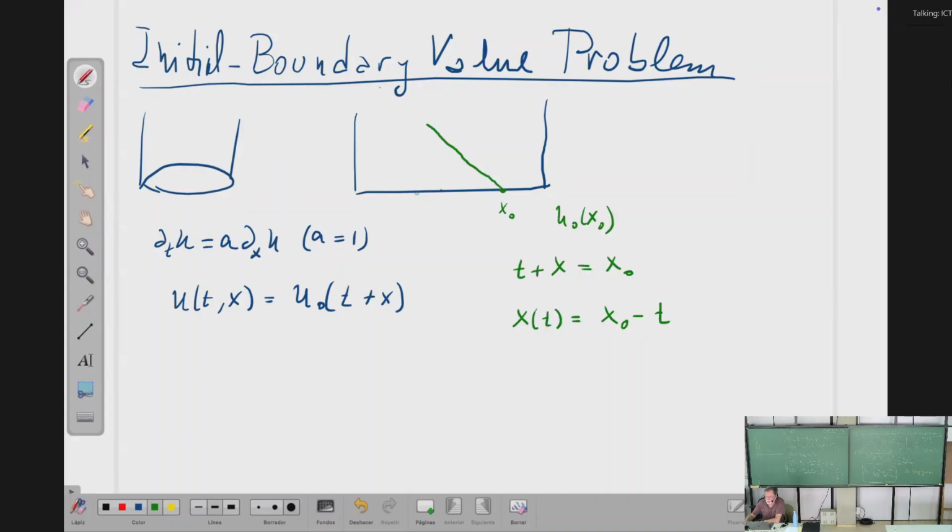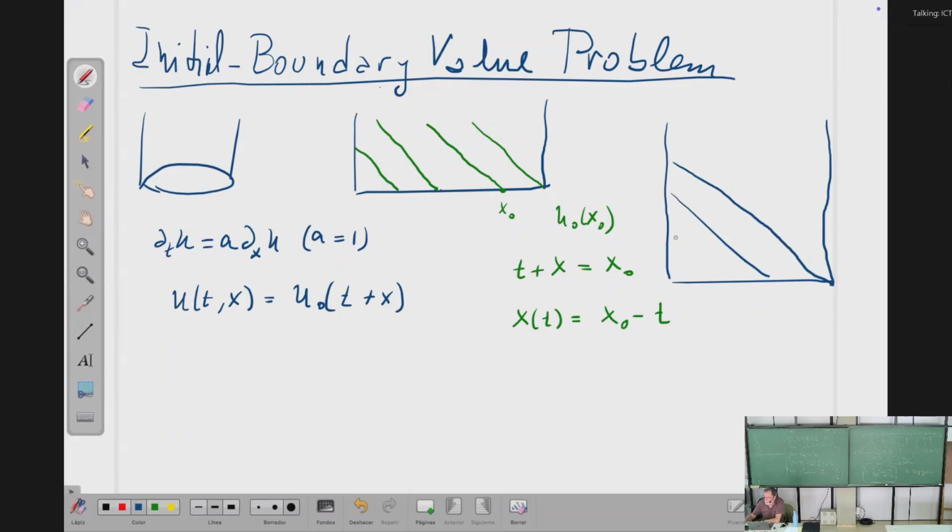And if we are here, say up to here, we have a solution. Up to here, we have a solution up to here, and so on. Let me draw this a bit better. So these are straight lines, 45 degrees, okay? So I have a solution. If I draw it again here with more time, we have a solution in this quadrant, okay?